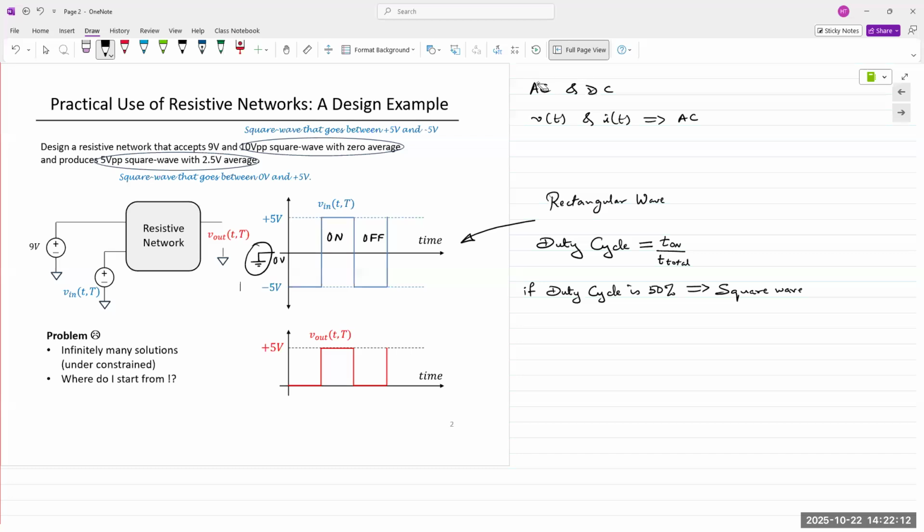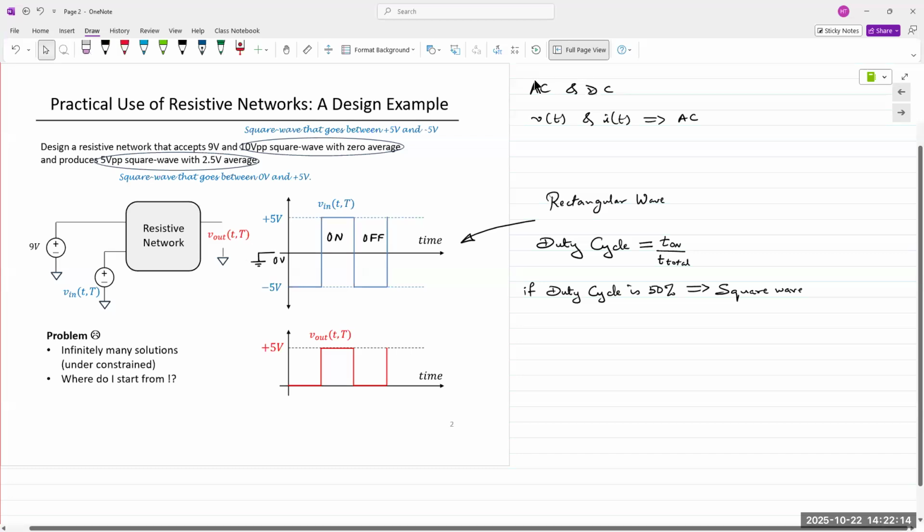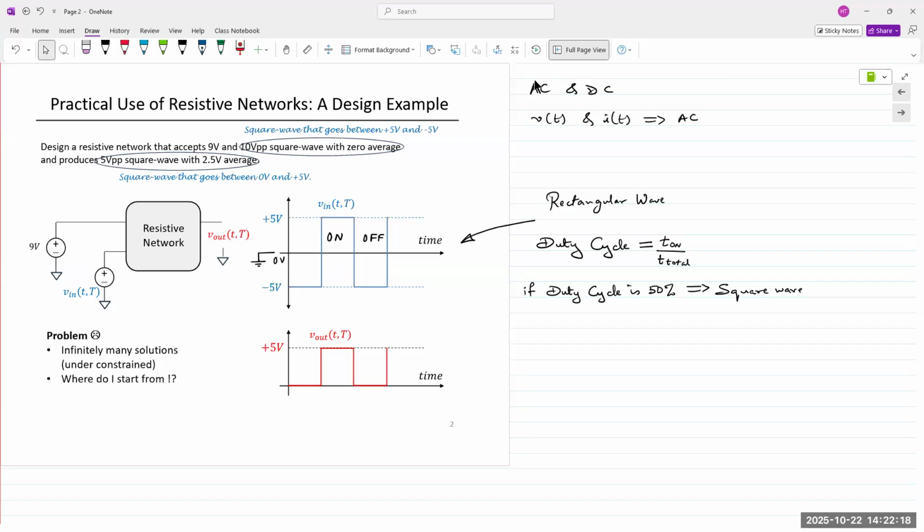Some of you. Well, next time you're in the lab using the oscilloscope, take a look. All oscilloscopes show a ground reference symbol on the left side of the screen. That shows you where the reference of the waveform is.